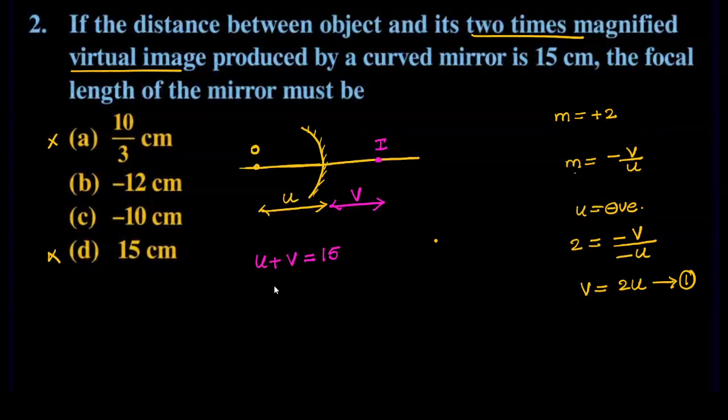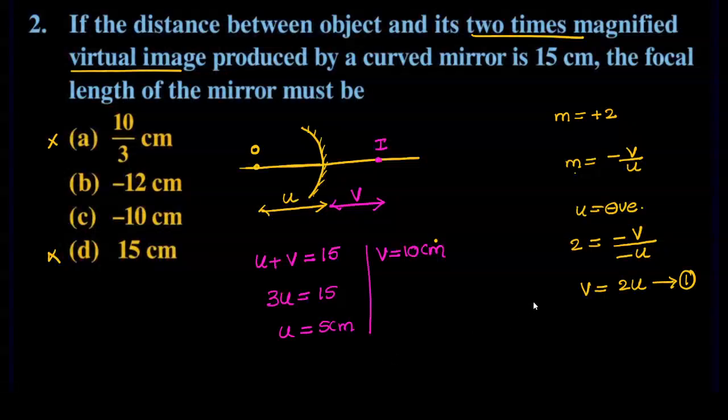If I place that, I get 3u equal to 15. That means u is equal to 5 centimeters. If u is 5 centimeters, obviously v is equal to 10 centimeters.